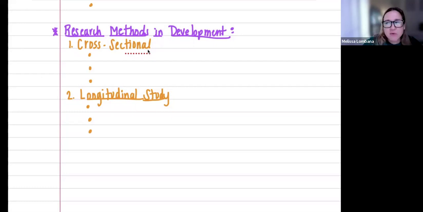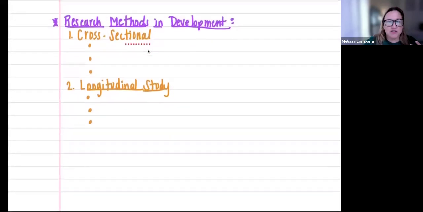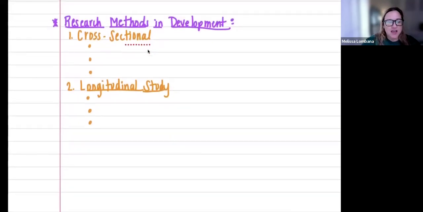Then we have the next one, which is longitudinal studies. And this is a long study with the same group of people. Okay. So they typically find them during a particular moment, and then they'll follow that same group of people as they grow up, or whatever stage they want to look at.